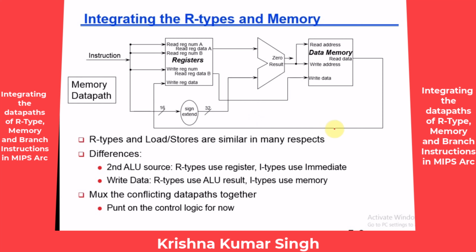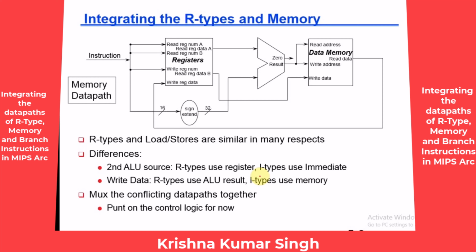So now let's integrate the R-type and memory instructions together. As you can see, the R-type and load and store instructions are very similar. The only difference is that the second ALU source should, for the R-type, be provided by a register. For the I-type, it is an immediate data.